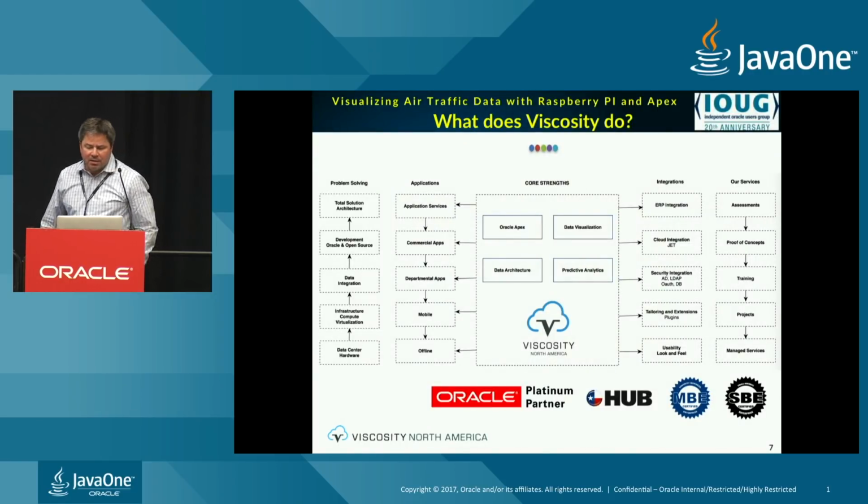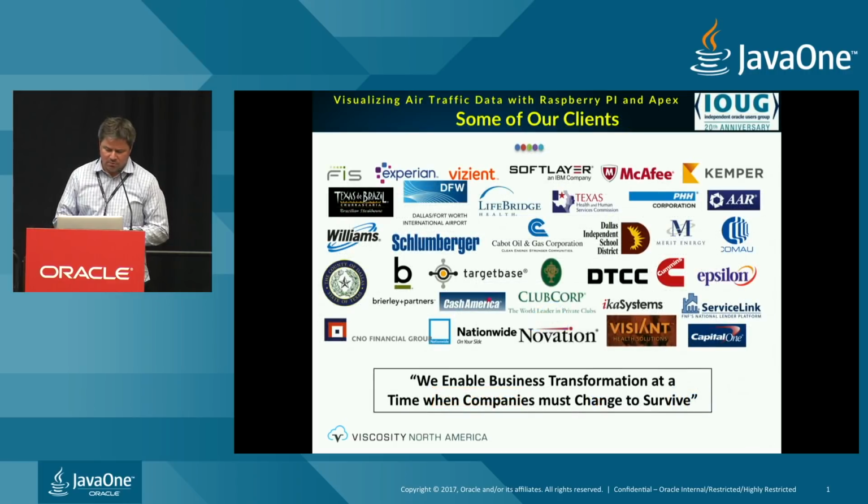So at the core of Viscosity is a very robust data visualization, predictive, prescriptive analytics, application development practice. You can engage us for assessments, proof of concepts, training, full-blown projects, and managed services. We do pretty much the entire red stack and quite a bit of things outside of Oracle as well.